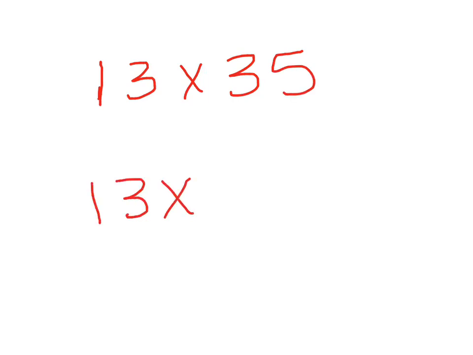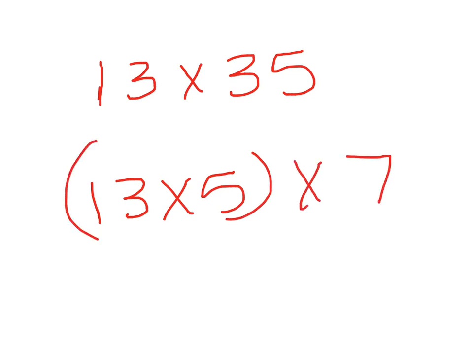Okay. Number 3, which of the following expressions is equivalent to 13 times 35? Well, 13 times 35, isn't that the same as saying 13 times 5 and then times 7?